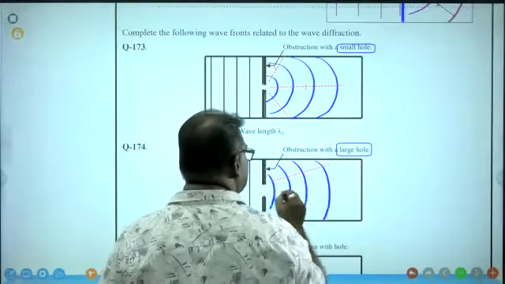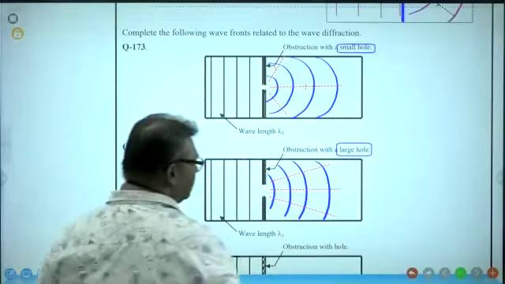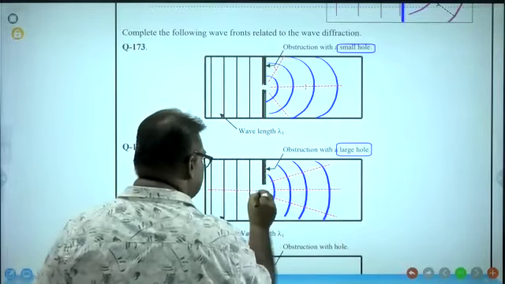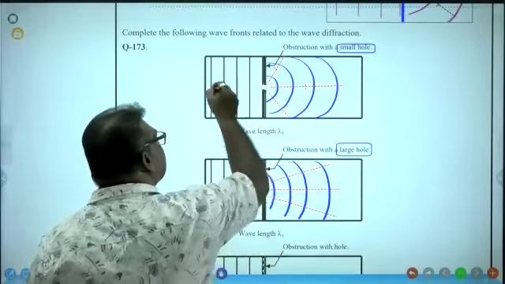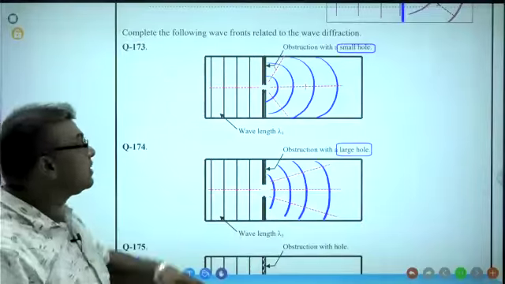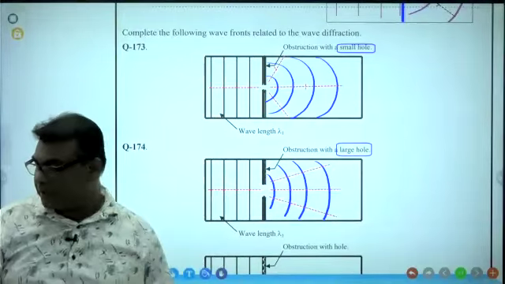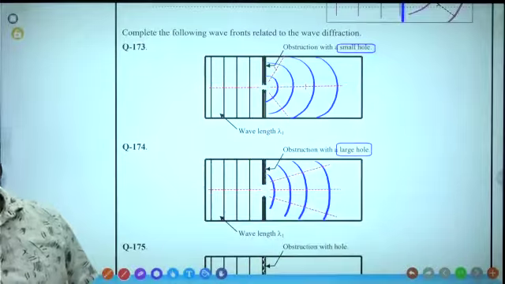Here, diffraction weak. Spread is poor, like this. Initially the traveling direction is only this direction. The wave goes only into one side. After traveling through the hole, they spread throughout the entire volume. Clear with that? Okay, right.